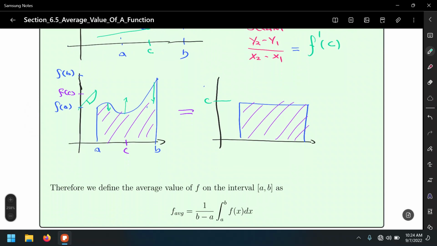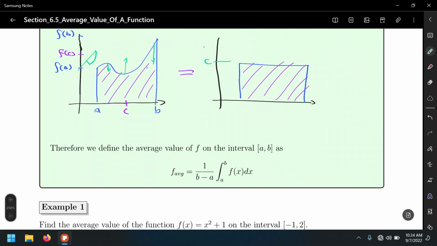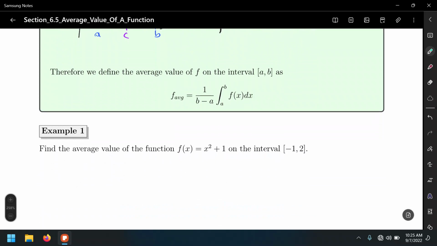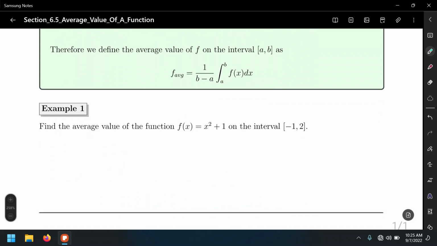So when we calculate that c value, that's going to be the value of y, that value in between f of a and f of b, for which the two areas will be the same. Okay, so let's do an example so we can illustrate this. So the formula is very simple. It's nothing other than finding the area under the curve, but in this case we divide by the length of the interval, so that's basically the average, right?